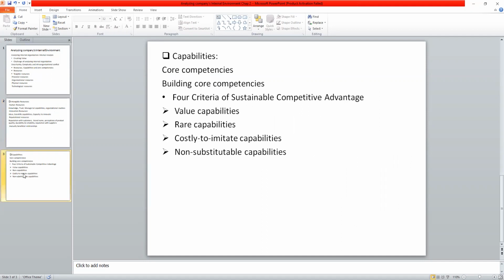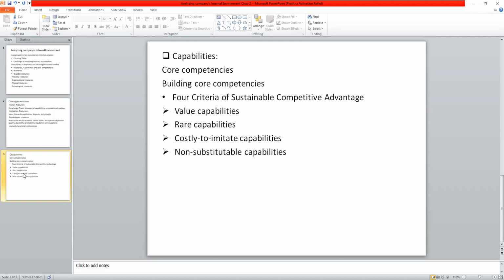Now, as far as the capabilities are considered, the capabilities exist when resources have been integrated to achieve a specific set of things or a specific task. Now, these tasks may range from human resource recruitment to product marketing or research and development activities.